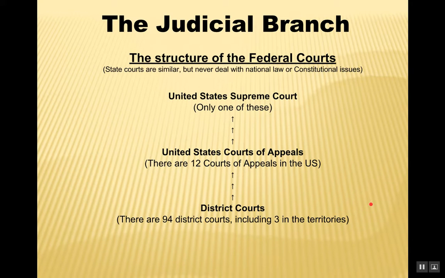But within the district courts, we also consider there to be local courts and state courts. That sort of falls under this, but when we talk about the lowest level of courts, we talk about district courts and local courts at the same time.